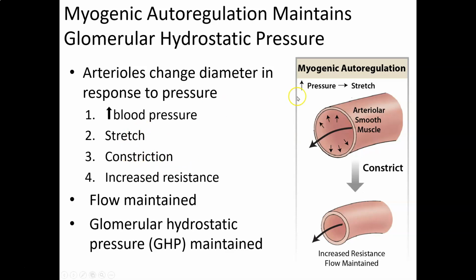That means we get more constriction right here, and that increased resistance will decrease flow. So the flow is maintained at the original number, and that maintenance of flow then should keep GFR the same because the glomerular hydrostatic pressure is maintained. So arterioles have the ability to do that, and it's not any different than what we saw in a regular arteriole, the myogenic mechanism, for the general circulation as well.